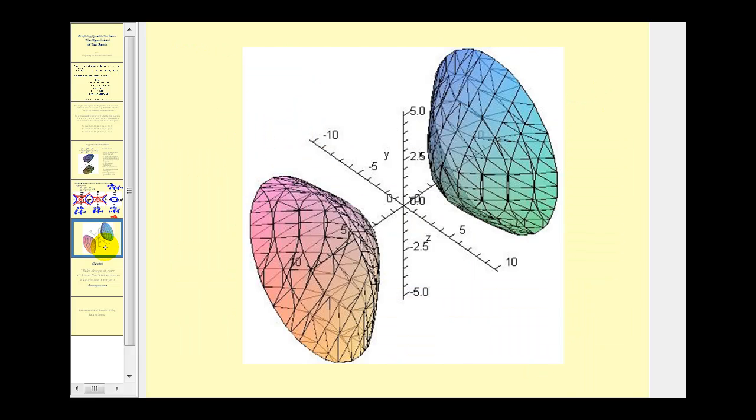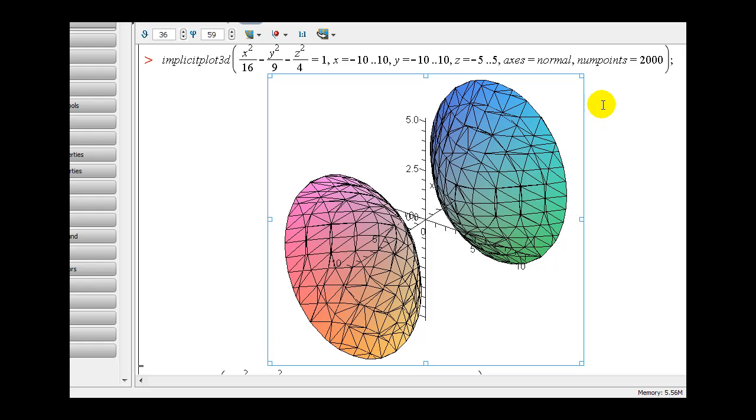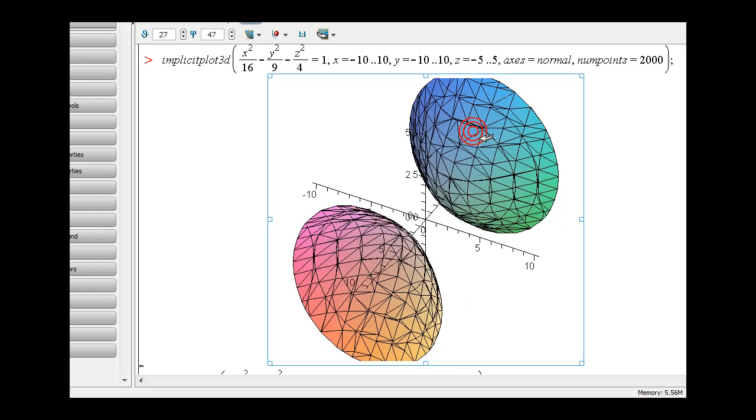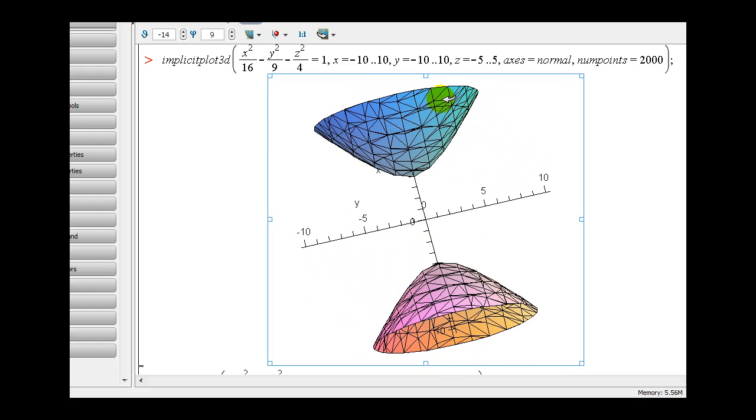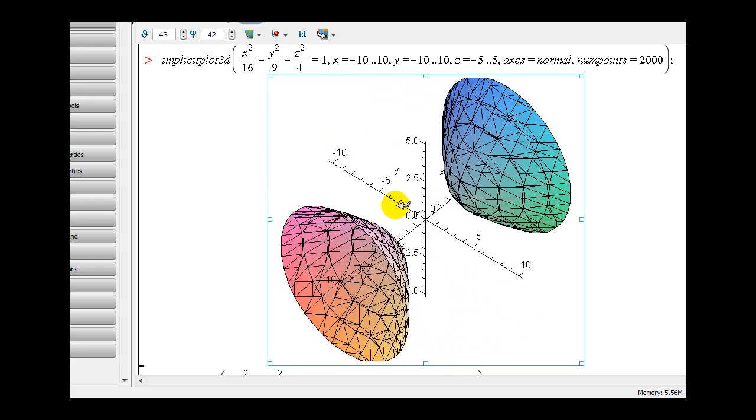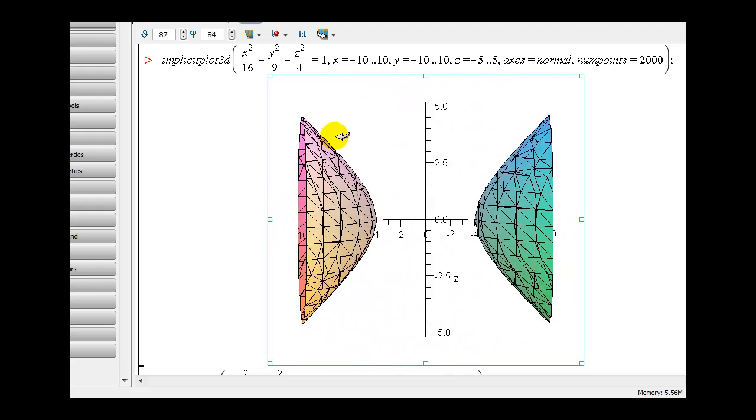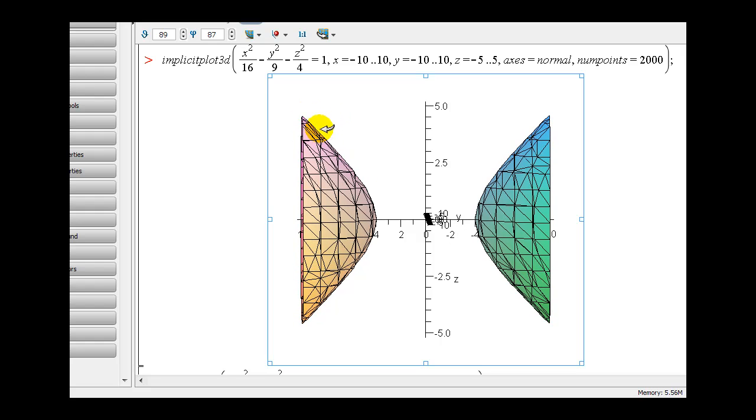And here it is. Let's go and take a look at this so we can rotate it. If we take a look at just the xy plane, looking down on it, it would look like this. And you can see the hyperbolic trace here and here. If we now look at the xz trace, you can see the hyperbolic trace here and here.